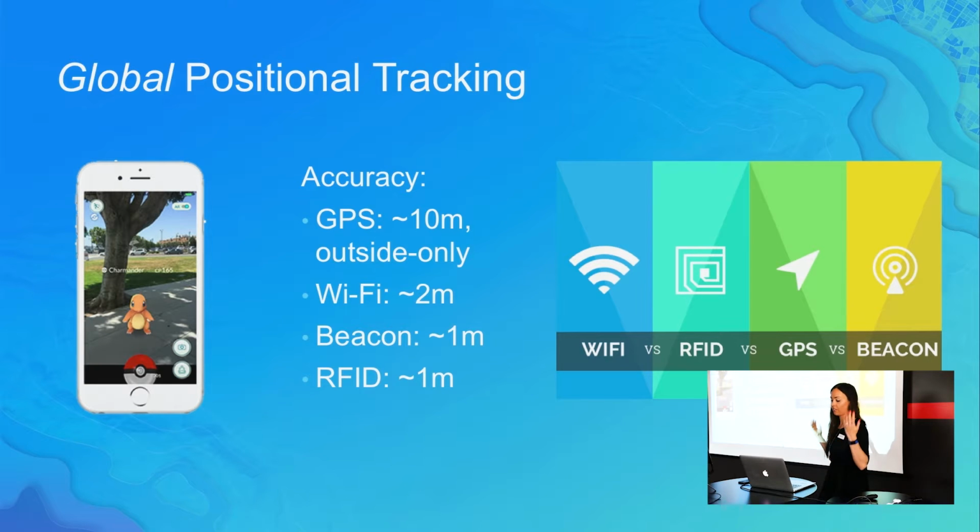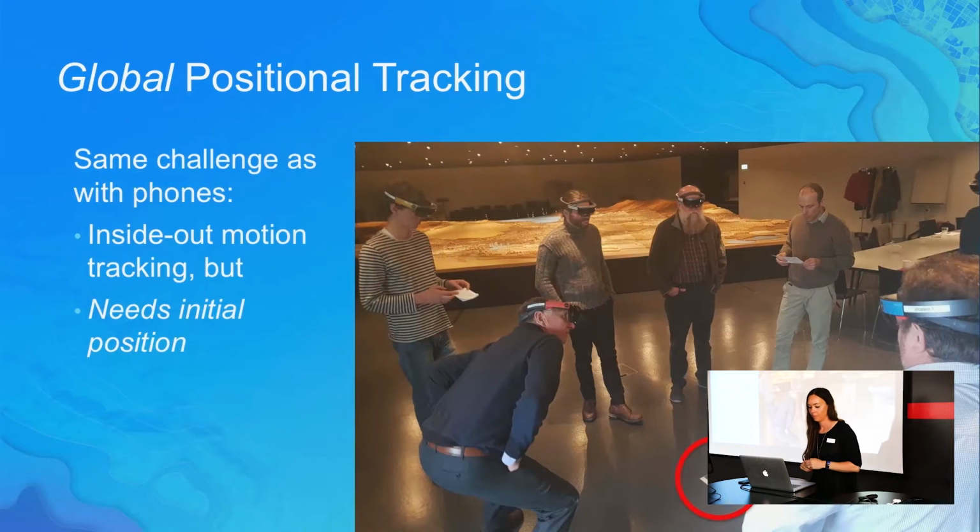So GPS is only accurate to roughly 10 meters, and it only works outside. So even if it was more accurate, there's no point, you can't use it inside. Wi-Fi is only accurate to 2 meters, and with beacons and RFID you've got roughly 1 meter accuracy. And as with phones, you also have the same challenge in the headsets.